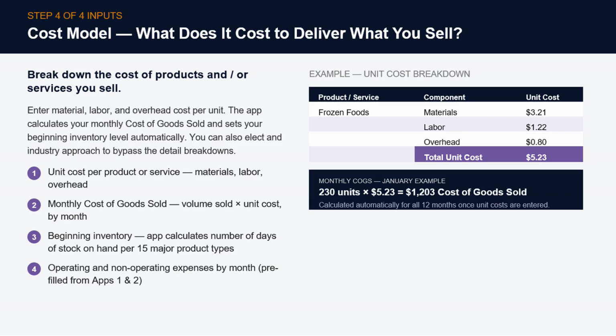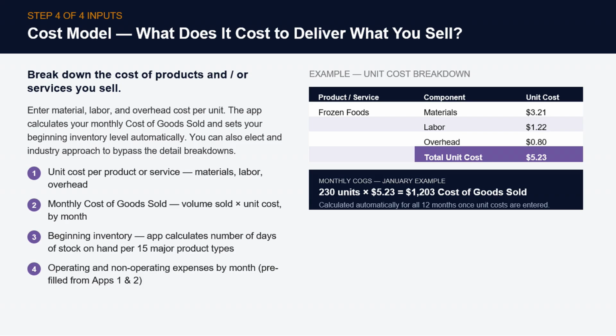The other thing that's nice about the app too, is let's just say you have a sales revenue forecast in the previous step 3, and you sell a specific product and you start selling the product, let's say in July.